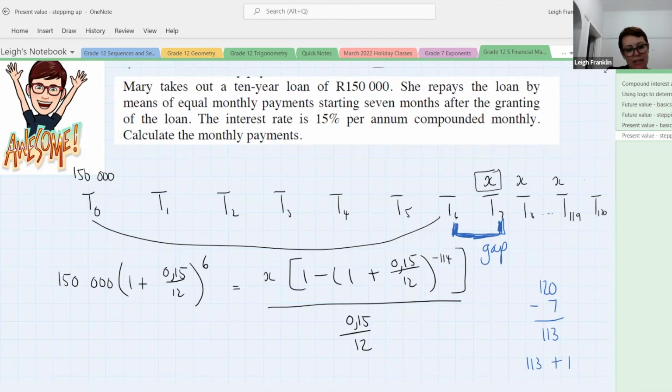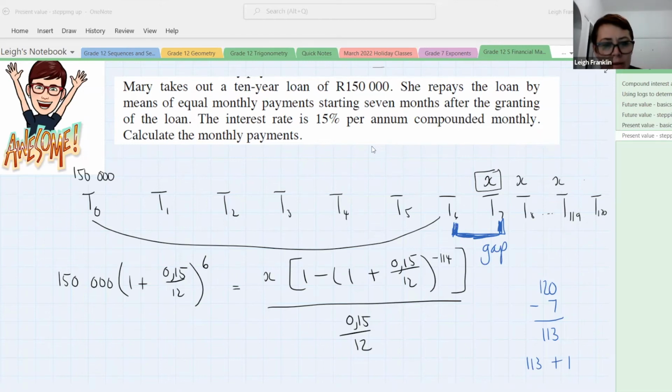So it's like in sequences and series where you say top minus bottom plus 1. You are starting to count at T7. Does that make sense to everybody? That's why it's not 113. It's 114.